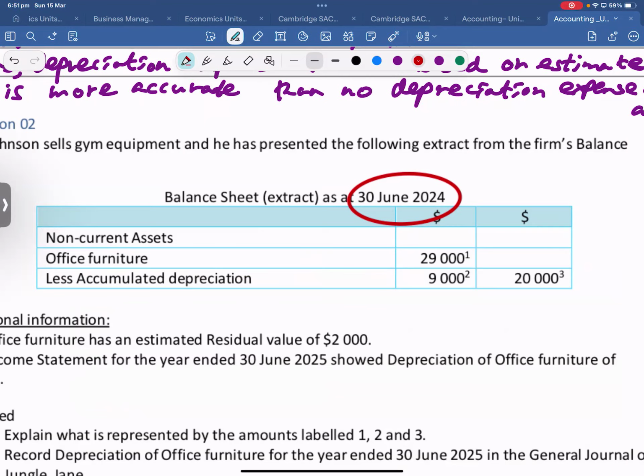Yes or no? Okay, until 30th June 24, depreciation has been done. Yeah, the balance sheet is done after, so depreciation is done.